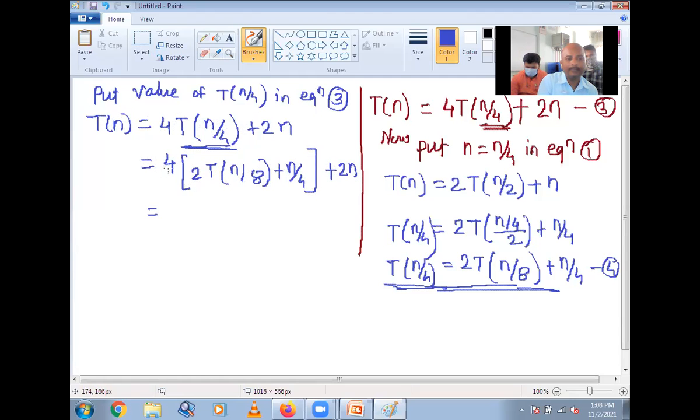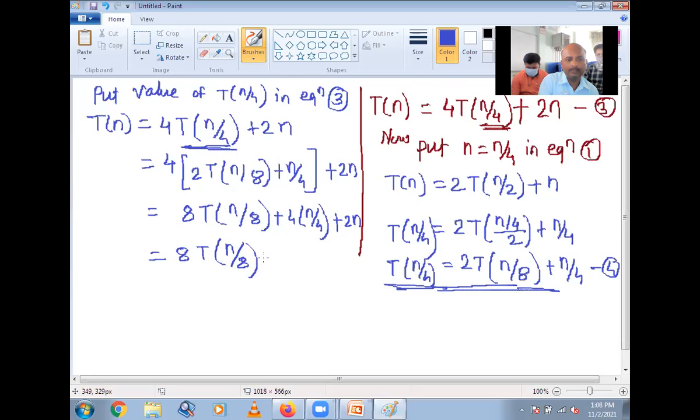Multiplying by 4 in this bracket, we get 8 T of n by 8 plus 4 into n by 4 plus 2n. So we get 8 T of n by 8 plus, this 4 and this 4 get cancelled, n plus 2n, that is 3n.